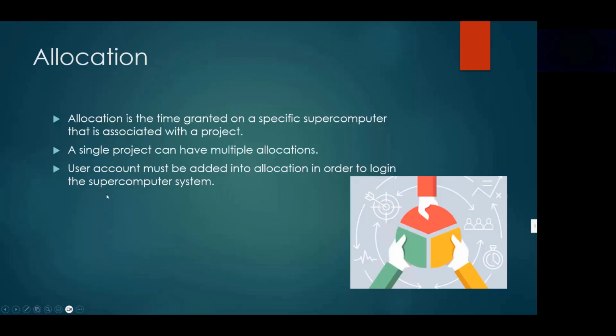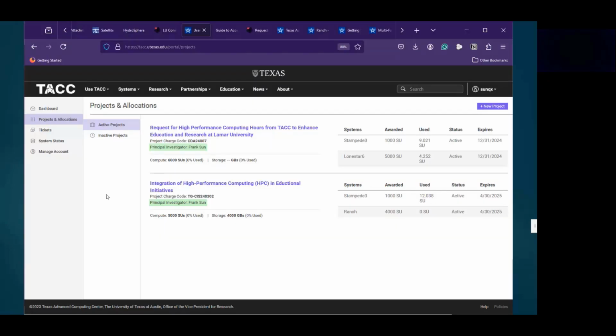So that is why today, by the end of the 10 minutes, everyone should apply for an account. Then you send me an email, and I'm going to add you into our allocation, and make sure that next time, this Thursday, the 17th, everyone can log in. Okay, so this is the allocation.